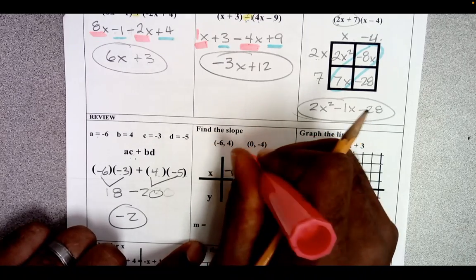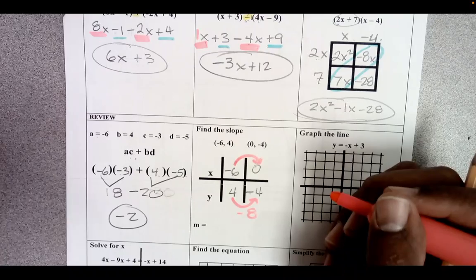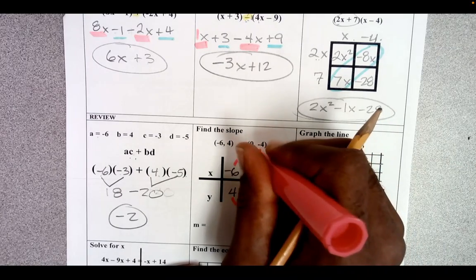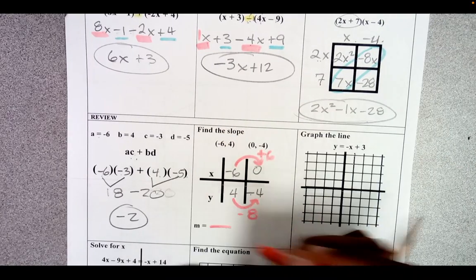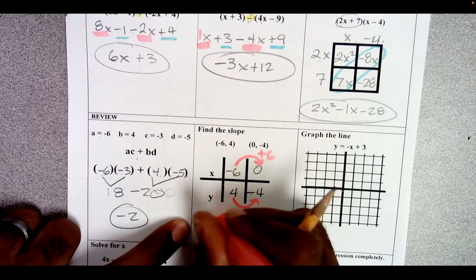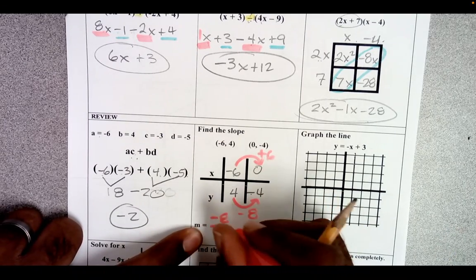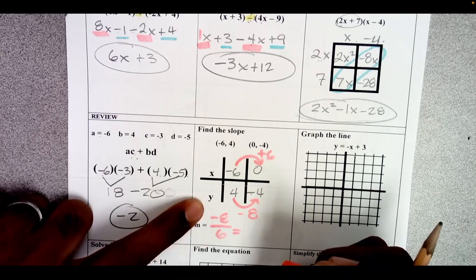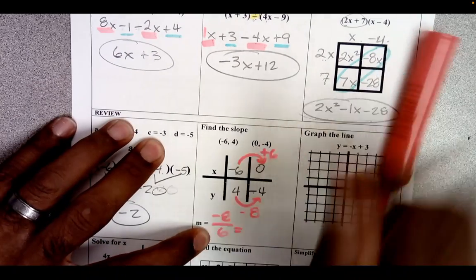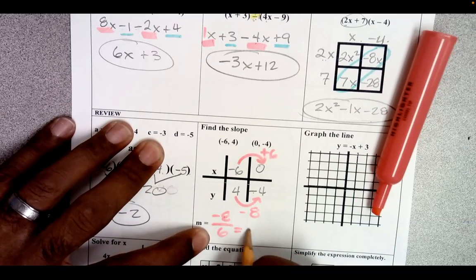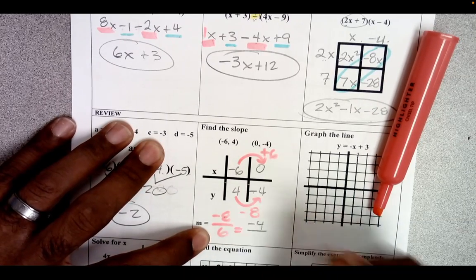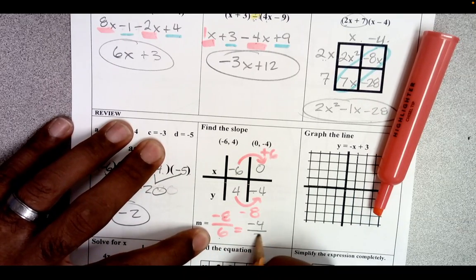And I'm going from negative 6 up to 0, plus 6. Which one goes on top? Negative 8 over the 6. Then I can divide both of these by what? Divide by 2. If I divide negative 8 by 2, I get negative 4, and if I divide 6 by 2, I get 3.